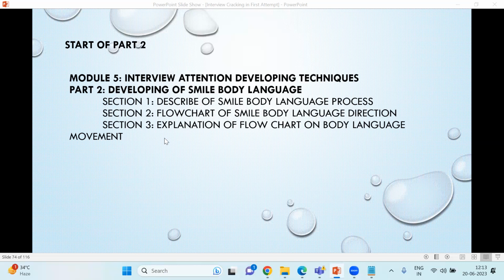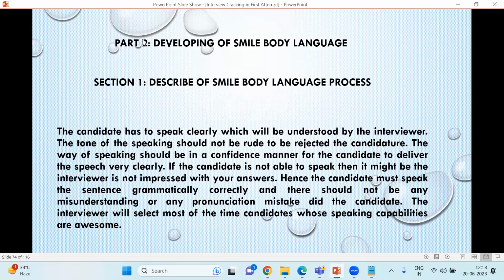So now we will move to the next slide. Part 2, Developing of Smile Body Language. Section 1, Describe of Smile Body Language process. So it is all about the candidate having to speak clearly, so that it will be understood by the interviewer.